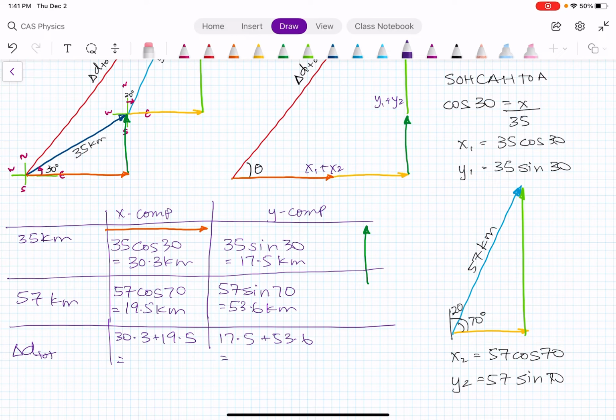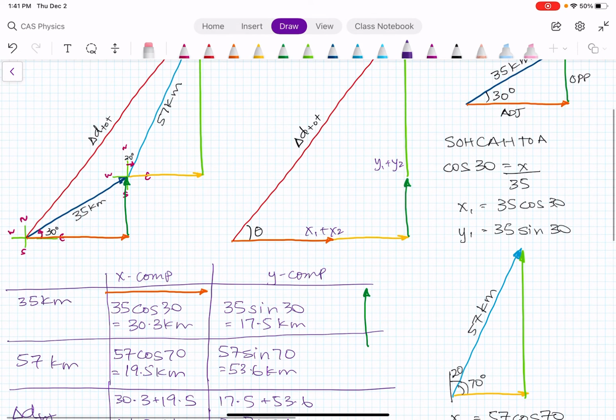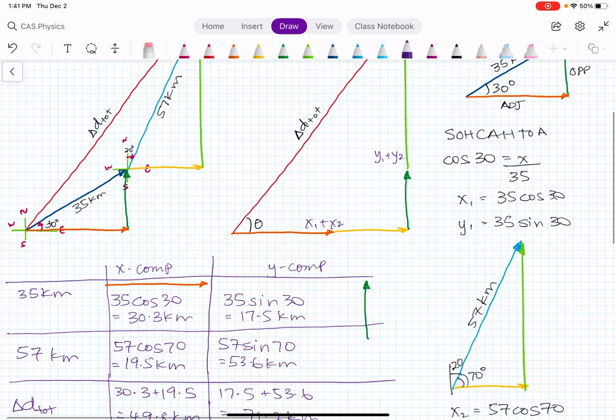So when we do all that math, we get 49.8 kilometers, and then we get 71.2 kilometers. All right, now I know the components of these two. So I know this is 49.8 kilometers, and I know this is 71.2 kilometers.